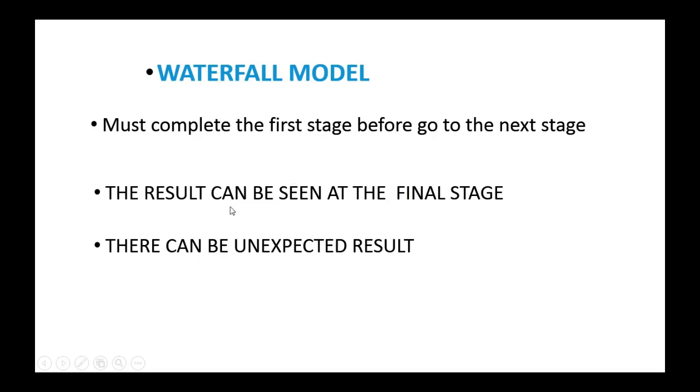In the waterfall model we get the result only finally. That means after completing the system only we can get the result. So there can be unexpected results in this waterfall model because we get the result finally.